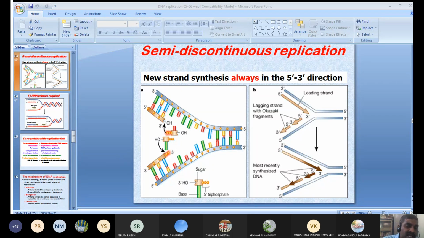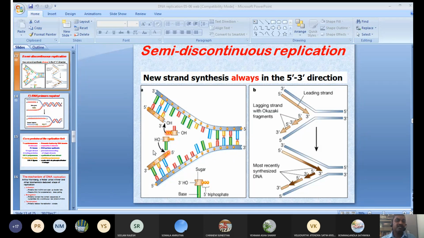So when a special sequence is recognized, the primase enzyme synthesizes a stretch of RNA nucleotides. These ribonucleotides provide a 3' OH group, which is recognized by DNA polymerase 3, and it continues to synthesize until the opening of the gene.